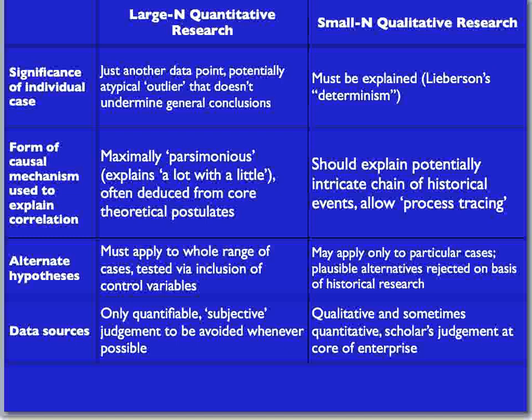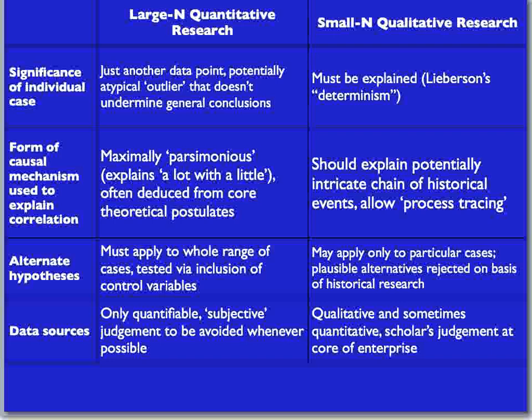Finally, data sources. In large-N quantitative research, obviously you've got to rely on quantifiable data sources, and people try very hard to set up criteria that are very clear for how they measure things, to make the judgment as objective as possible.